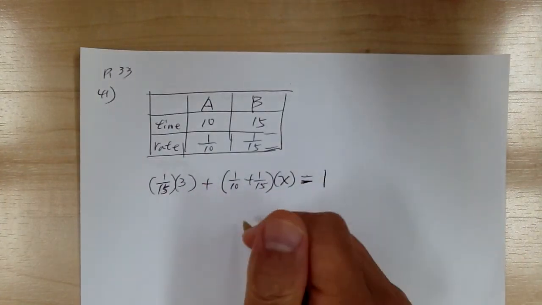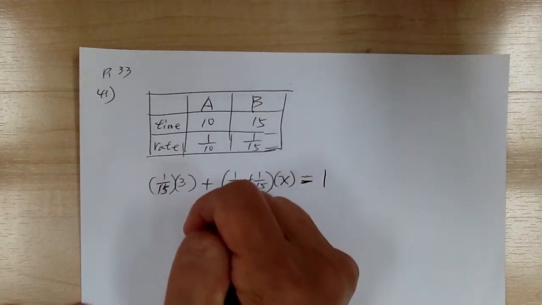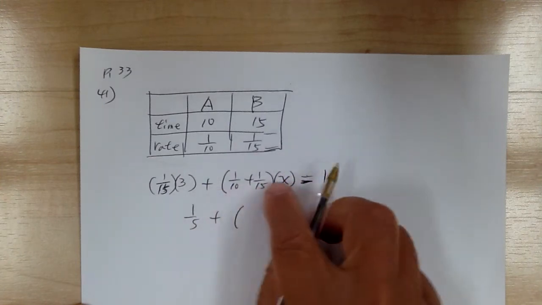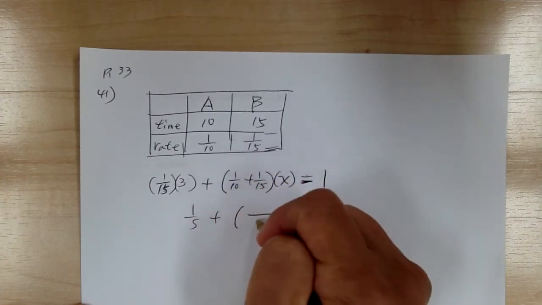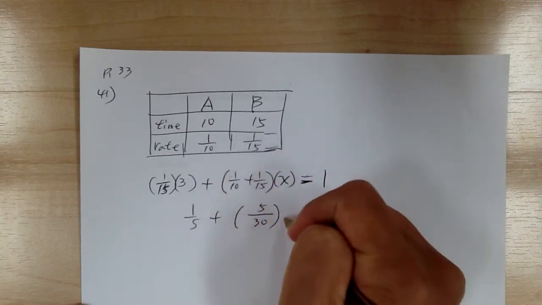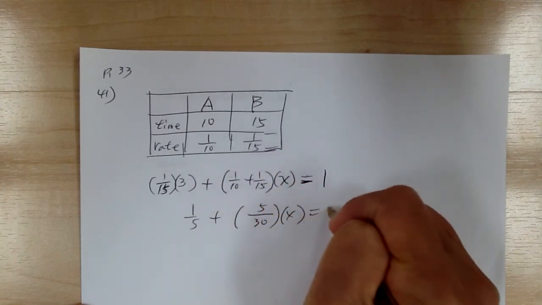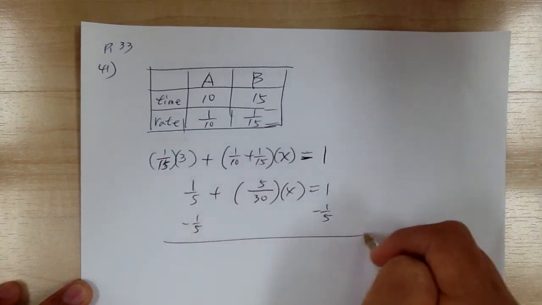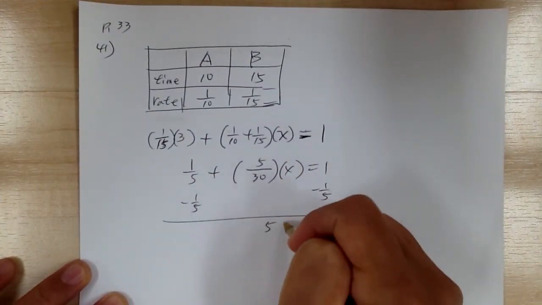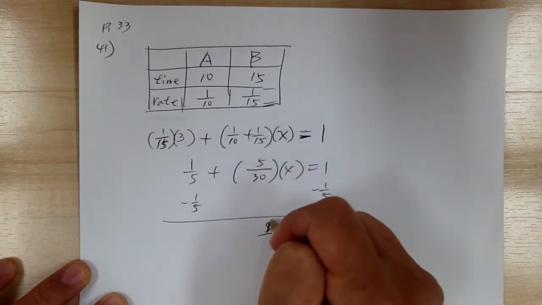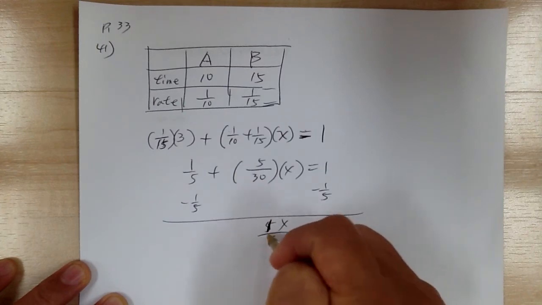Now just solve this. So multiply, I get 1/5 plus, add this together. The common denominator will be 30, so 2 and 3 will be 5. Minus 1/5 on both sides. So I got 5x over, I'm going to simplify this. So I get 1/6.